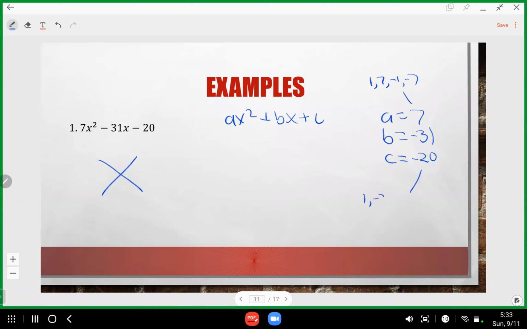It is 1, negative 1, 2, 4, 5, 10, 20, negative 1, negative 2, negative 4, negative 5, negative 10, negative 20.